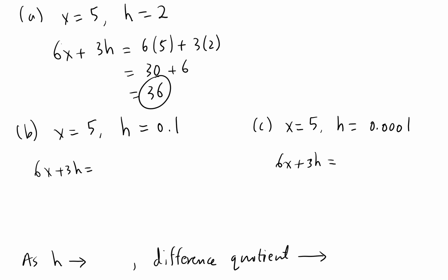These values are given, x equals 5 and h equals whatever the number is. So 6 times 5 for x, 3 times 0.1. That's 30 plus 0.3. So that gives me 30.3.